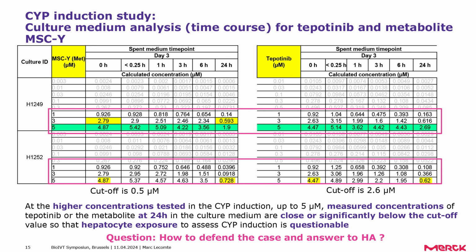For the metabolite, as they pointed out, at 5 we are green because we are higher than 0.5, the cutoff for induction, but at 3 and 1 we are borderline. So that was to explain what the health authority asked us to discuss. The question then is how to defend the case and answer the health authority.